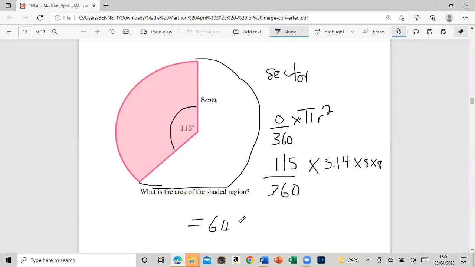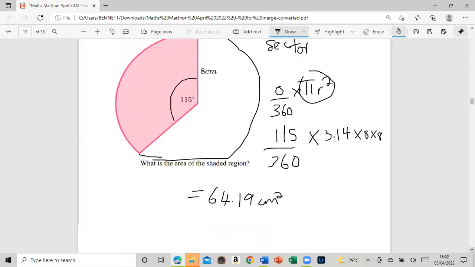Remember, guys, it's centimeter square because it's area. It's just a fraction of the circle. Everybody get that? All right.